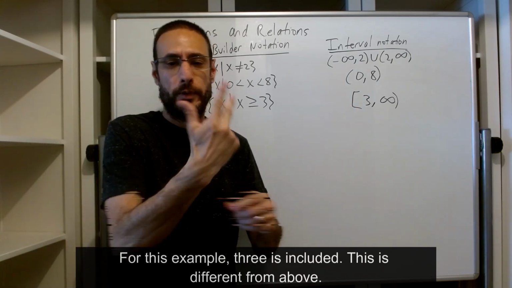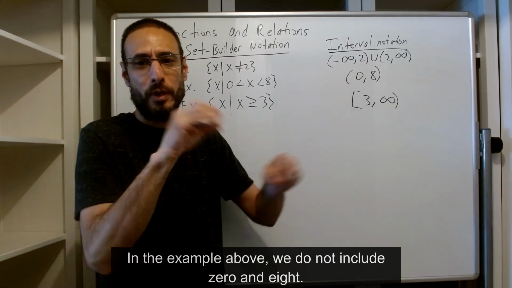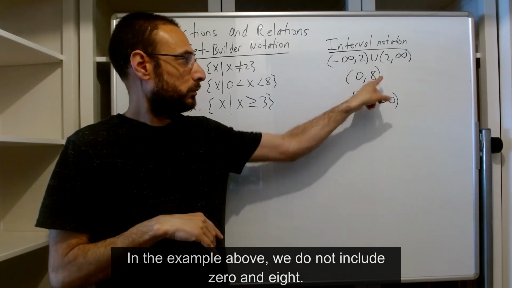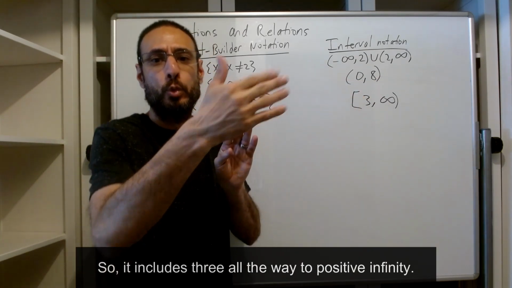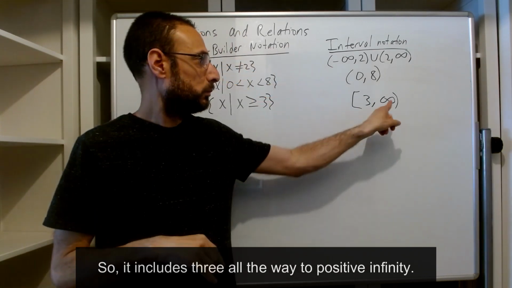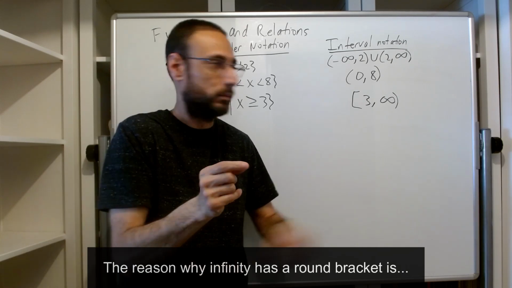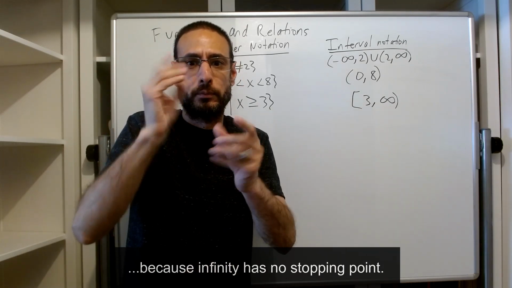For this example, 3 is included. This is different from above. In the example above, we do not include 0 and 8. So, it includes 3 all the way to positive infinity. The reason why infinity has a round bracket is because infinity has no stopping point.